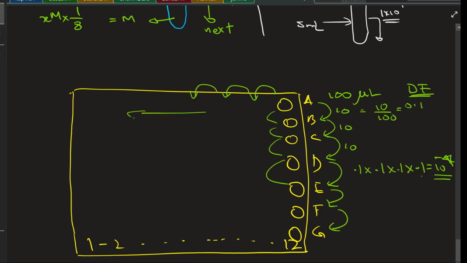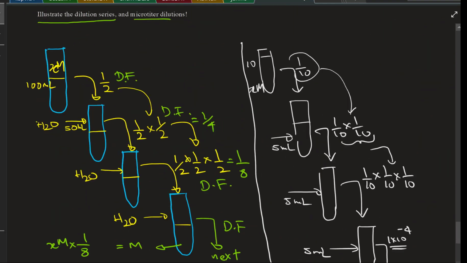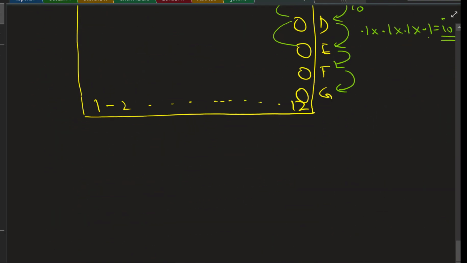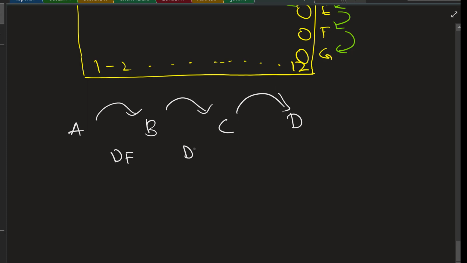Multiply that and it'll give you 10 to the minus 4. That 10 to the minus 4 times the stock solution, the original solution of the DNA sample, gives the molarity for that volume.